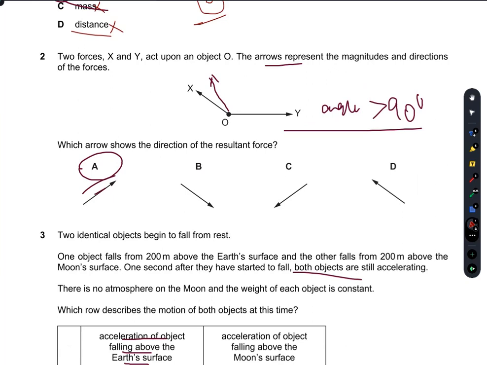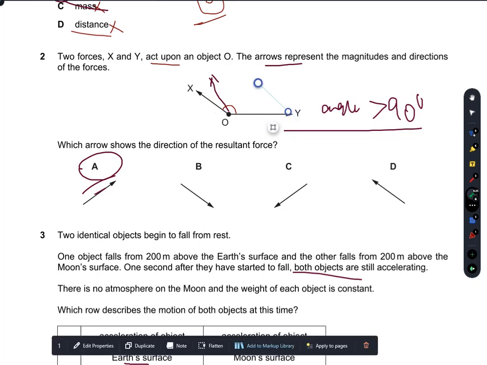Two forces X and Y act upon an object O. The arrows represent the magnitude and direction of the forces. So, which arrow shows the direction of the resultant force? As you can see in this diagram, the angle here is greater than 90. So, I'll construct a parallelogram here.